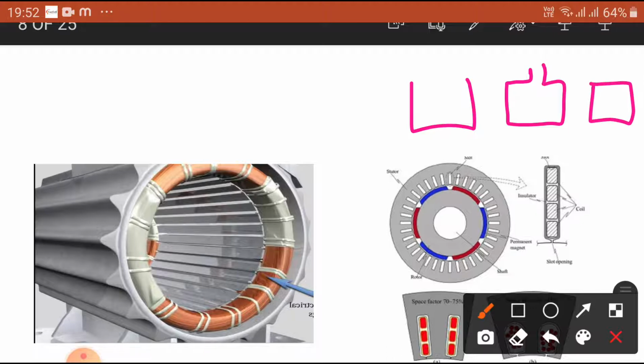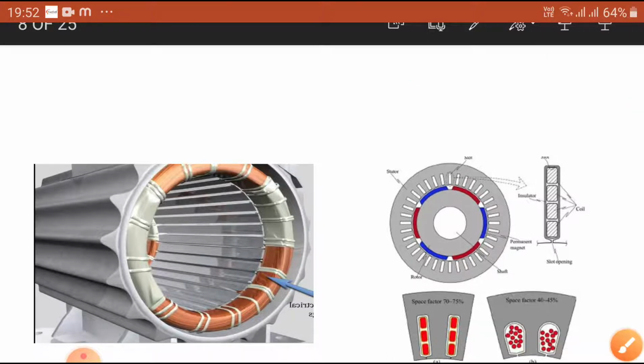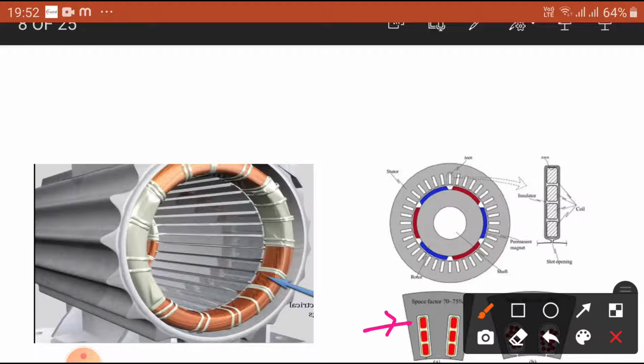In these slots there are 4 coil sides inserted, a quadruplex winding. These are some examples of slots.